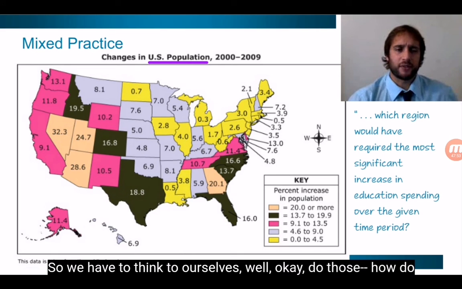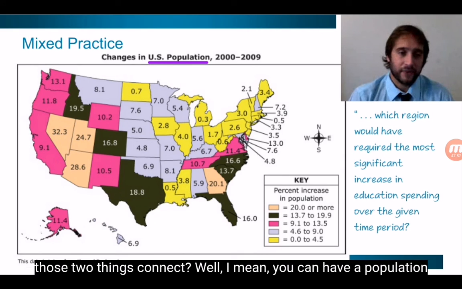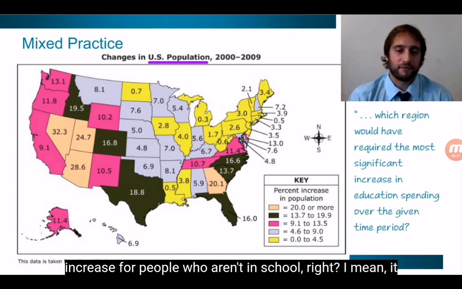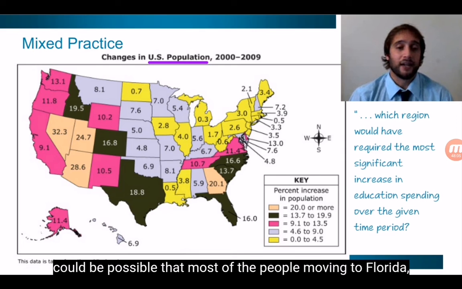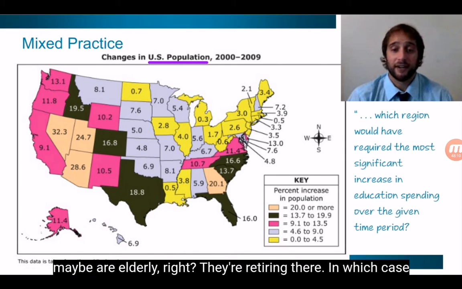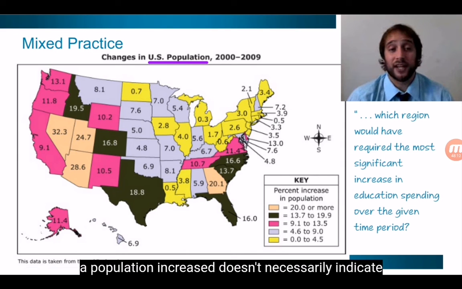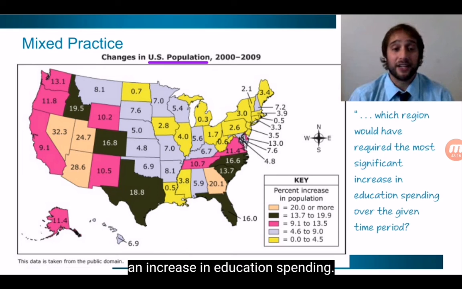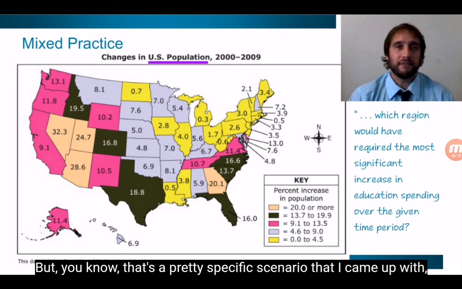So we have to think to ourselves, well, okay, how do those two things connect? Well, you could have a population increase for people who aren't in school. It could be possible that most of the people moving to Florida are elderly, retiring there. In which case, a population increase doesn't necessarily indicate an increase in education spending. But that's a pretty specific scenario that I came up with.